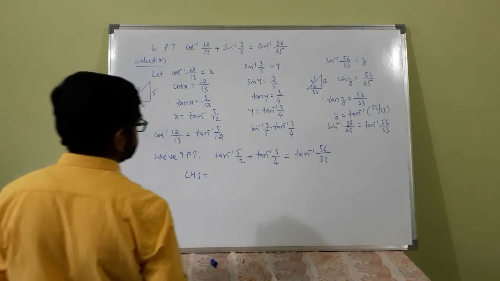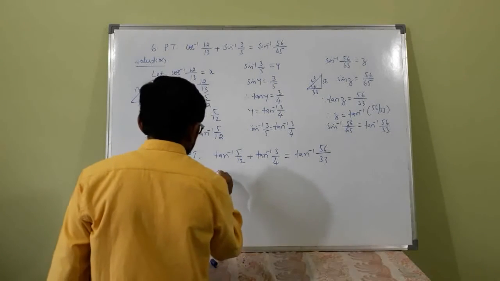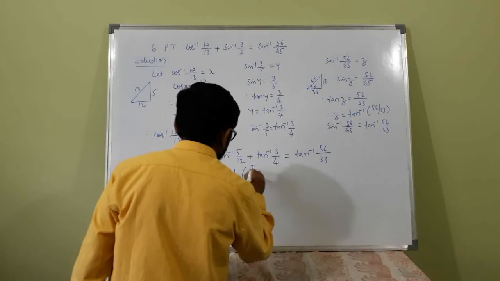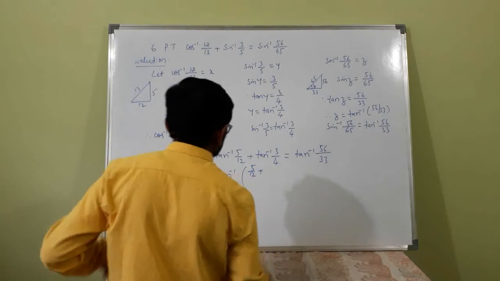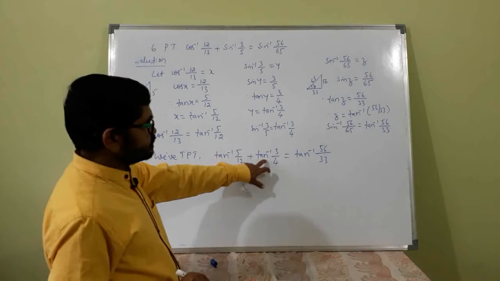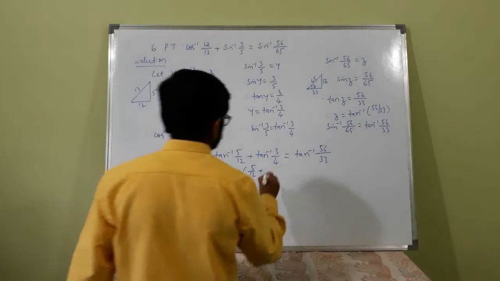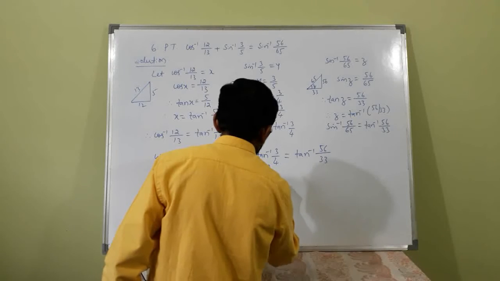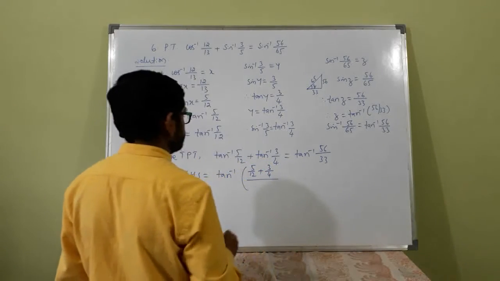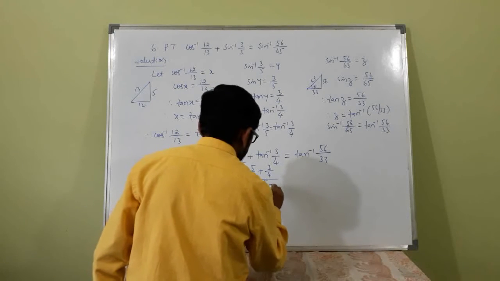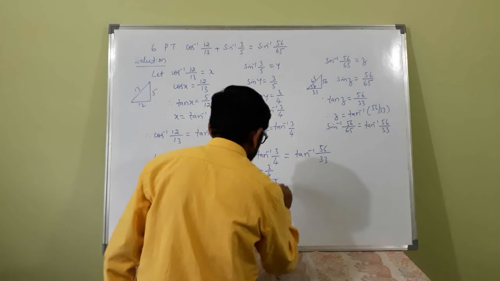LHS is equal to tan inverse of 5 by 12 plus 3 by 4. Tan inverse of x plus tan inverse of y is equal to tan inverse of x plus y divided by 1 minus xy, that is 5 by 12 plus 3 by 4, divided by 1 minus 5 by 12 into 3 by 4.